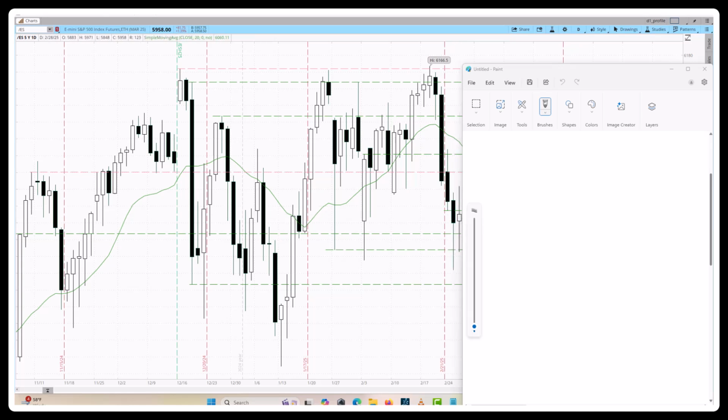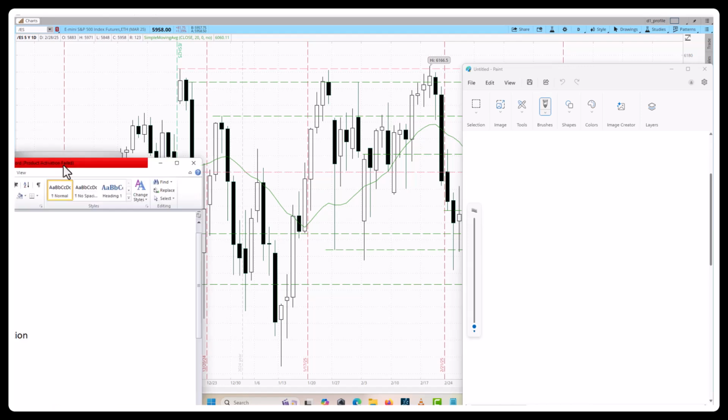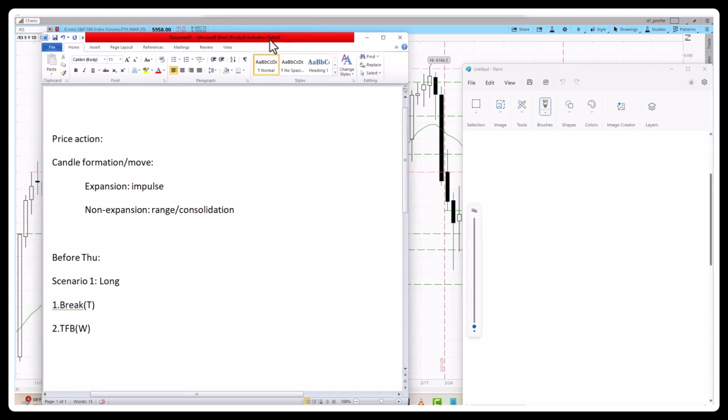See that? Break and test from below. Because we have the break and we have the test from below. The break is on Tuesday, and then the test from below is on Wednesday. So here's our setup right there.